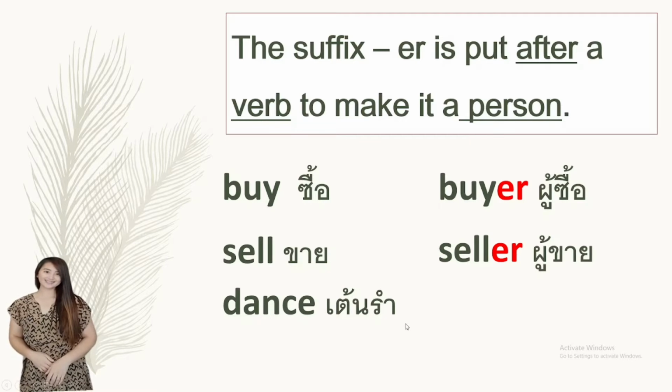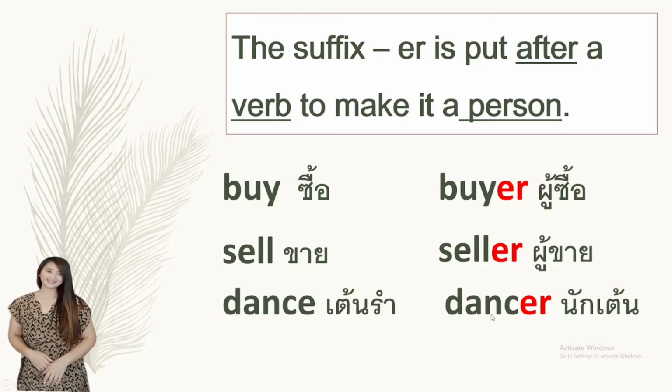What do you mean by dance? For this one, we add R only because the last letter is E. So we don't need to add E. We just need to add R. Dance, dancer. We add R to make it a person. Do you understand?